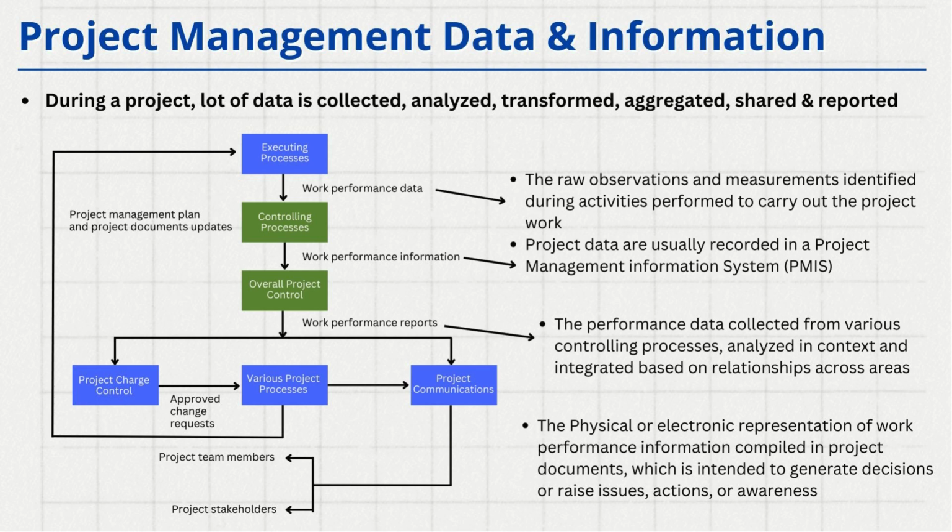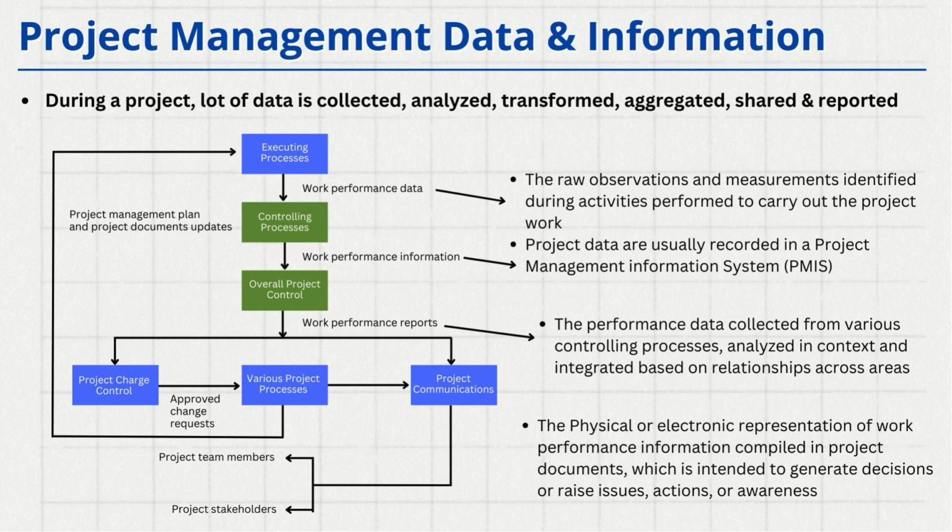Now, if you look at this particular diagram, you will find that we gather all the data through the PMIS, then we work on the performance information, right? I gave you a few examples. Then, we create reports. These reports are then shared with the team members as well as the stakeholders through project communication management.